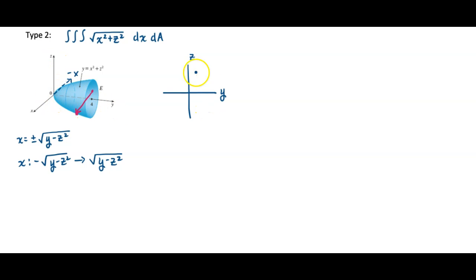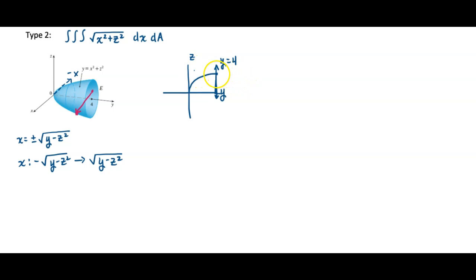I can see that I've got this upper bound that stops abruptly at this now vertical line y equals 4. I know this function at the widest point of this elliptic paraboloid lies on the y-axis, and if I were to write this in two dimensions, this curve would look like y equals z squared.